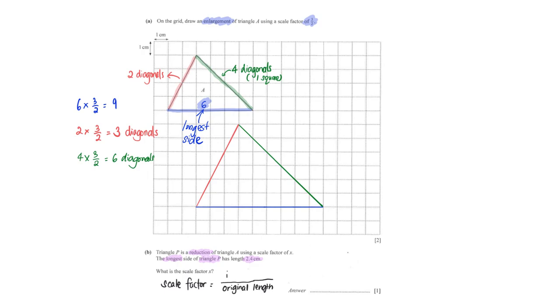So this one will be the image length. So in this case here, then I will have 2.4 divided by 6 to give me the final answer, 2/5. And we are done with this question. Let's move on to the next question.